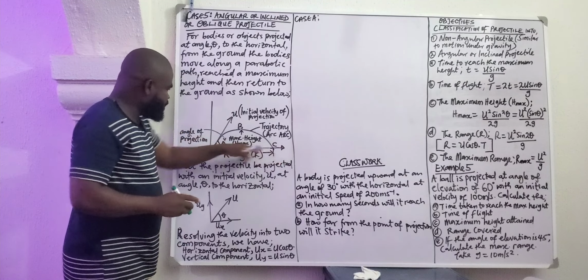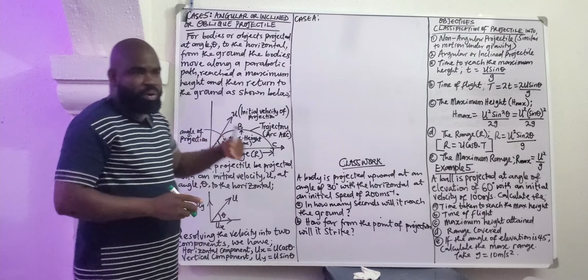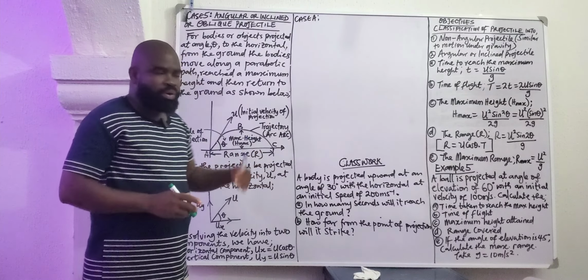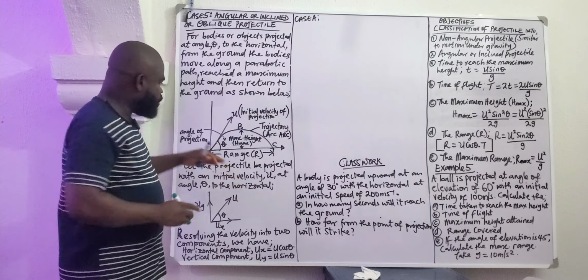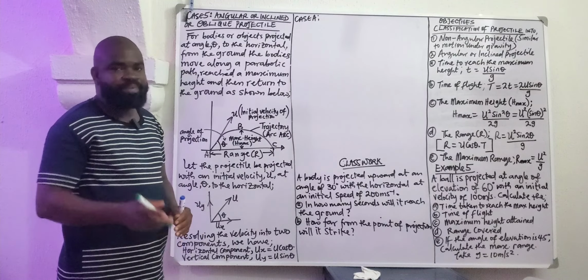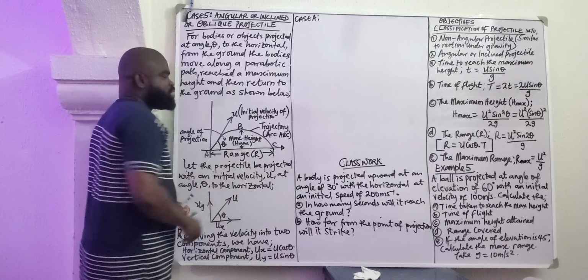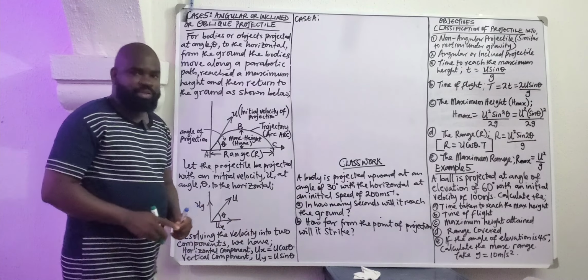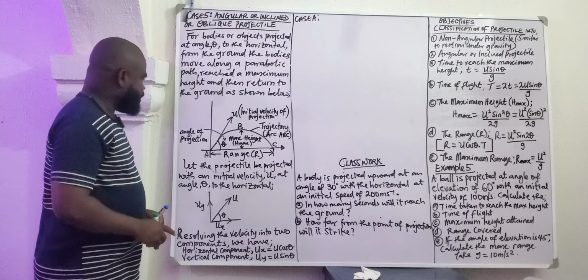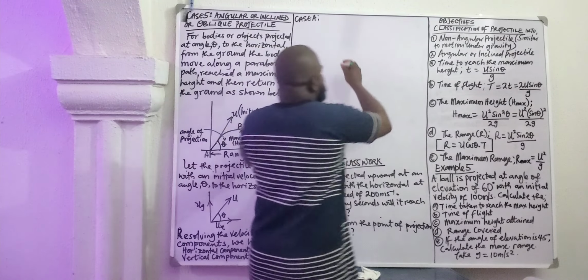And I want you to know that this line AC, we call it the what? Horizontal plane or horizontal projection plane, or we call it the plane of projection. So when you see that in the statement or definitions that we will give, you know we are referring to AC as the horizontal plane of projection. Good and fine. So we continue. The time it takes to reach the maximum height.